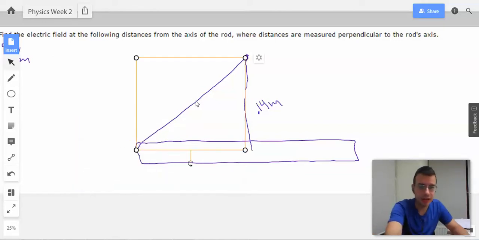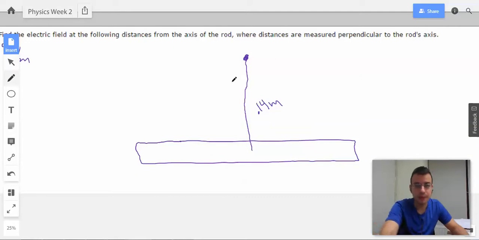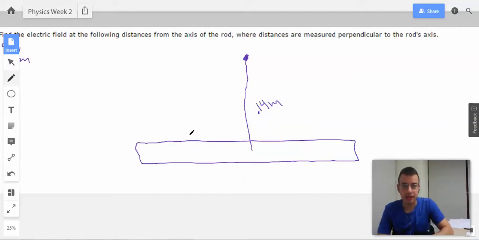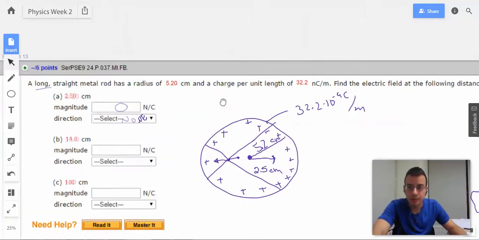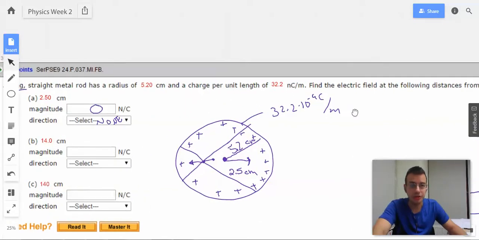Get rid of this. There we go. So I'm going to take a small piece of charge here and see how that affects this area here in terms of making an electric field. So this is a little bit of Q. Do they give us a charge density? Charge per unit length, 32.2. Got it.